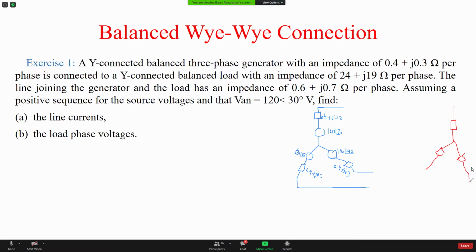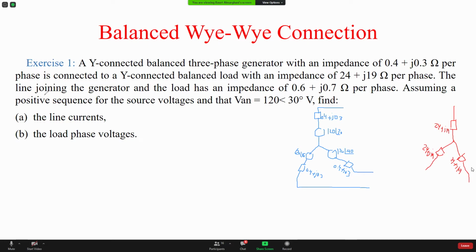It has the impedance 24 plus J19, 24 plus J19, and 24 plus J19. This is the impedance per phase, and this is the load.